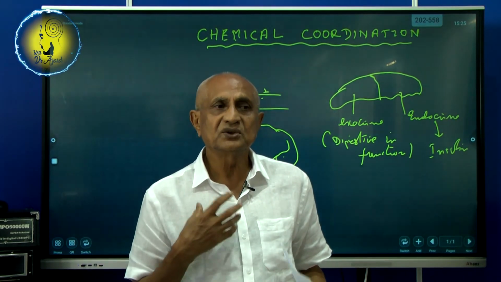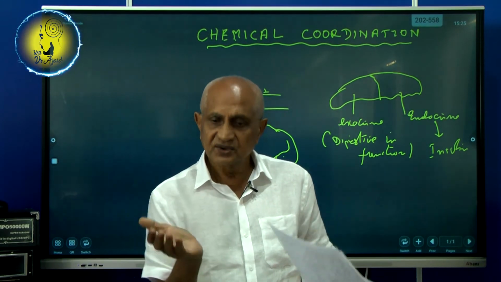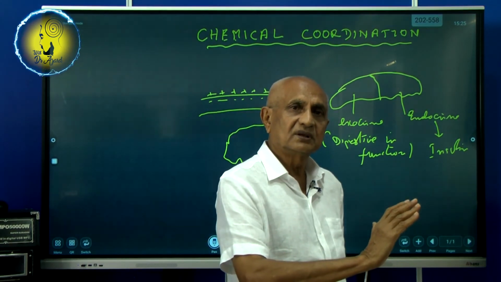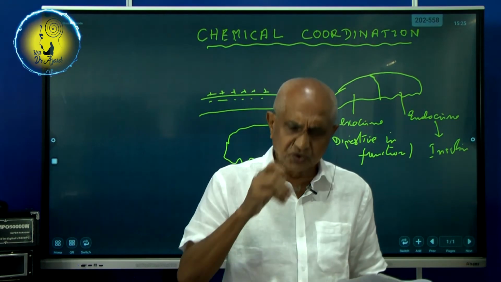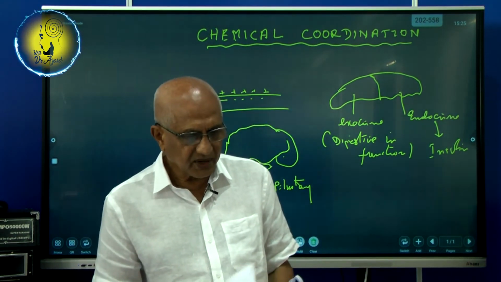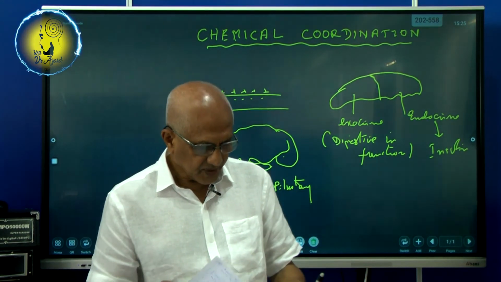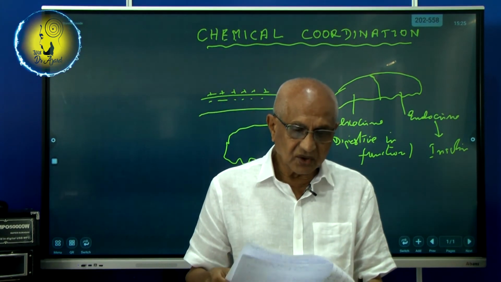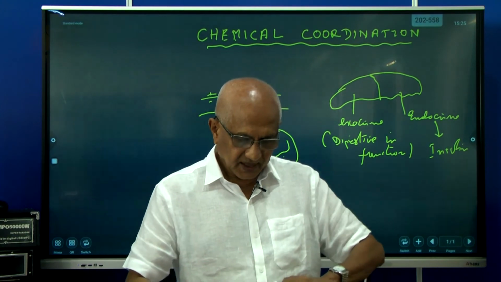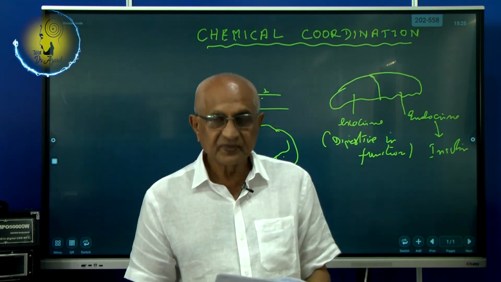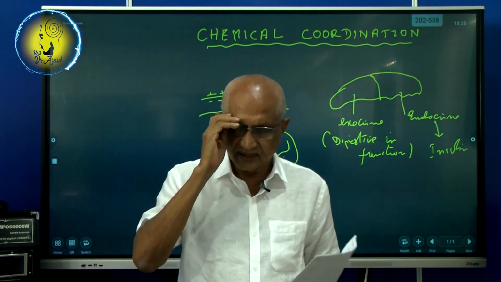So what are you eating? You are eating a lot of carbohydrates, which should be converted to glucose. So you suffer from diabetic 2. Now from here on, adrenaline. Now these are all the changes that are taking place in your system due to chemical coordination.